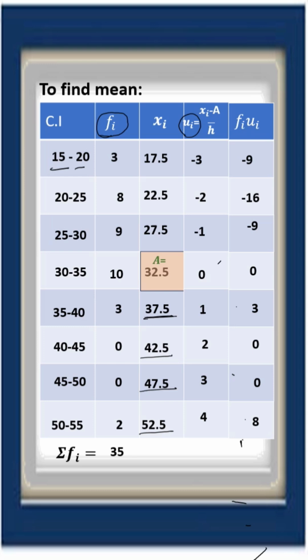Now let us add all the numbers under the fi ui column to get summation of fi ui. So the summation of fi ui is minus 23.